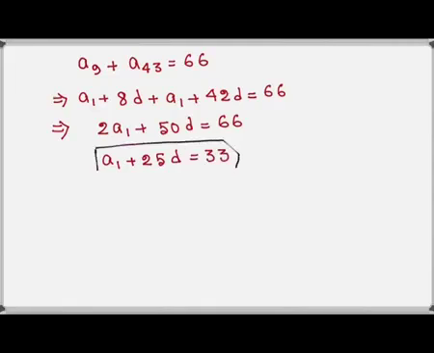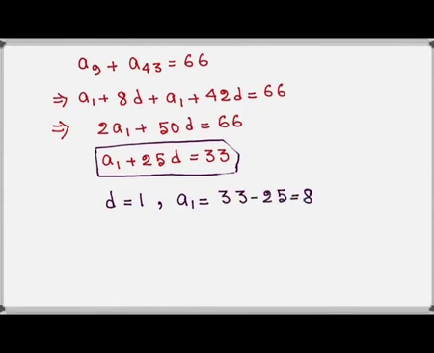Now we can easily solve these two equations for a1 and d, and we get d is equal to 1 and a1 is equal to 33 minus 25 is equal to 8.